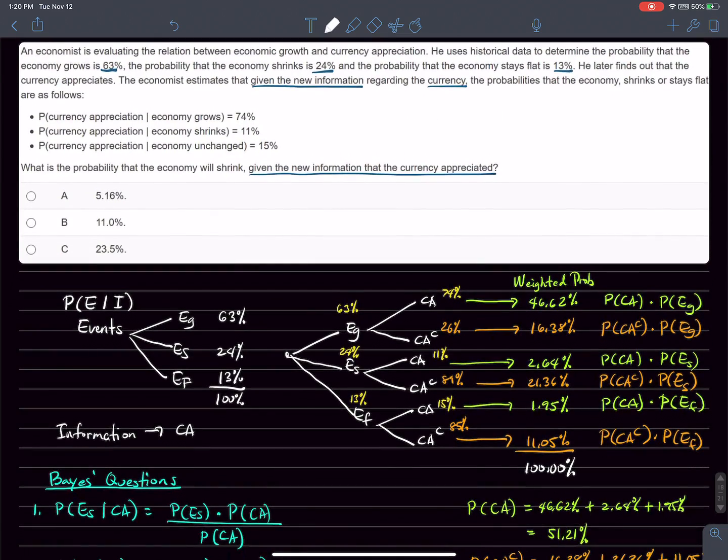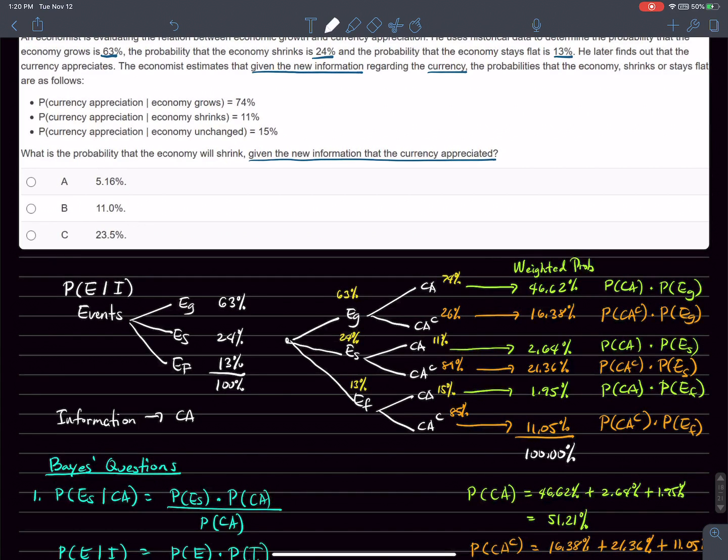For me, if you're just starting and you don't want to memorize the formula, you have to work on decision trees. Decision trees are very useful. You'll be using them in level 2 definitely, but in level 3 I'm not sure.